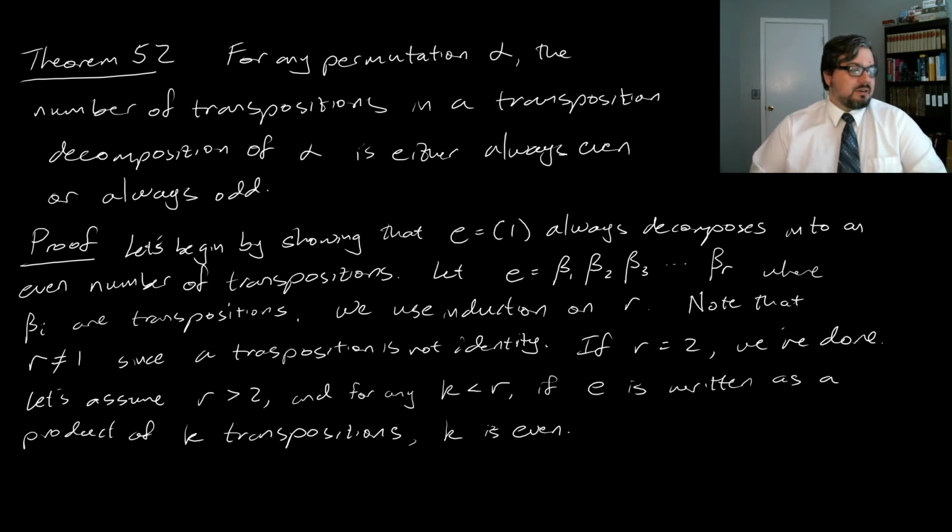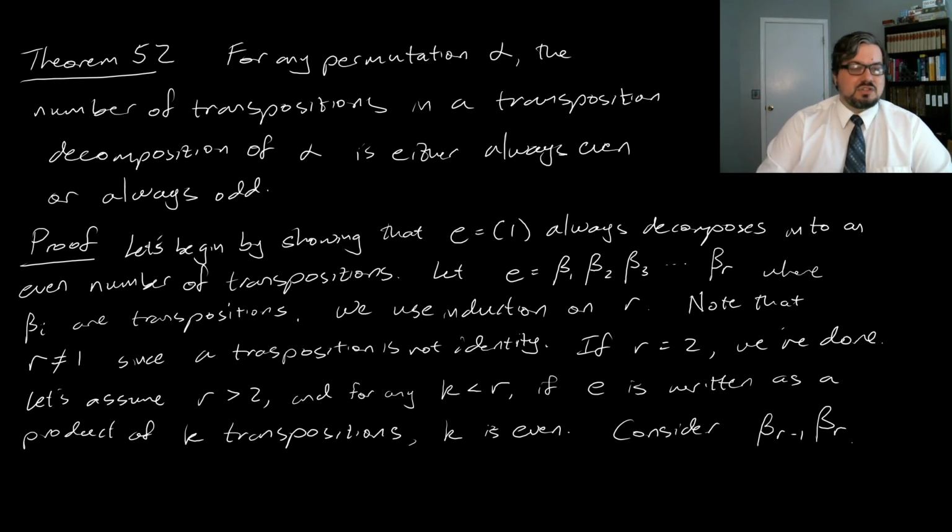So let's consider the rightmost two transpositions, beta r minus 1, beta r. Actually, let's start a new page here. And let me write down, we've got the identity is beta 1, beta 2, up through beta r.